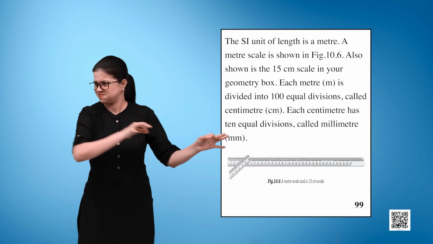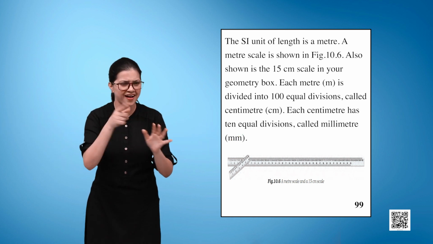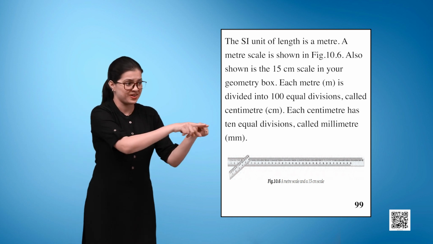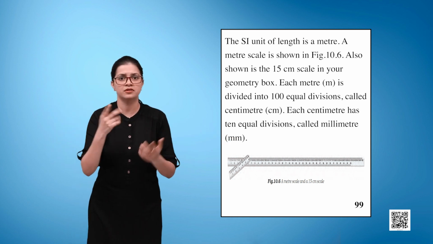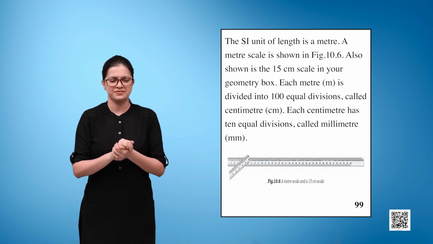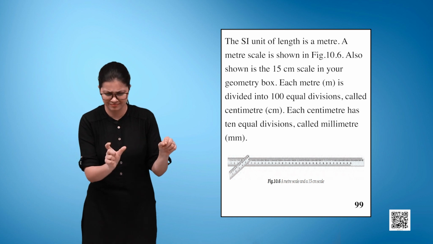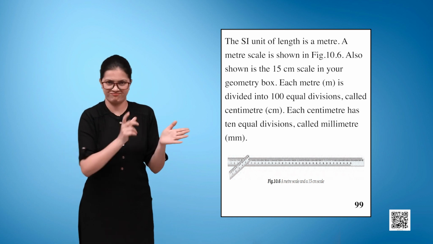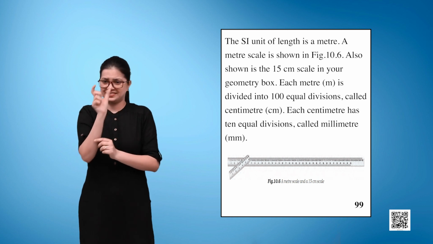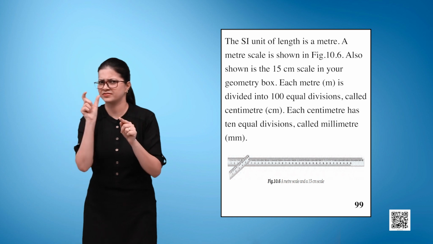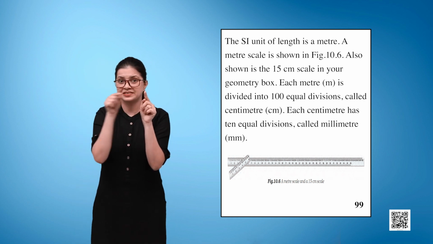Each meter is divided into 100 equal divisions called centimeter. Each centimeter has 10 equal divisions called millimeter.